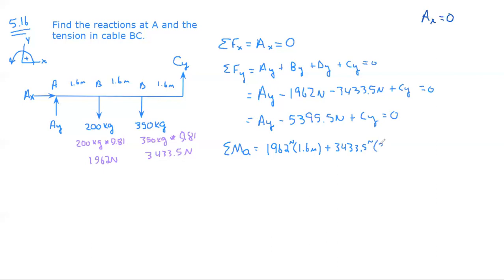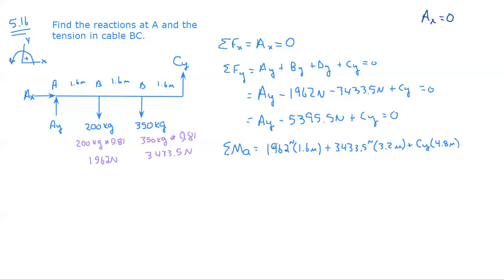So point D is 3.2 meters away. And finally, point C. Point C is unknown, so we'll use CY as our force, and it is 4.8 meters away from point A.